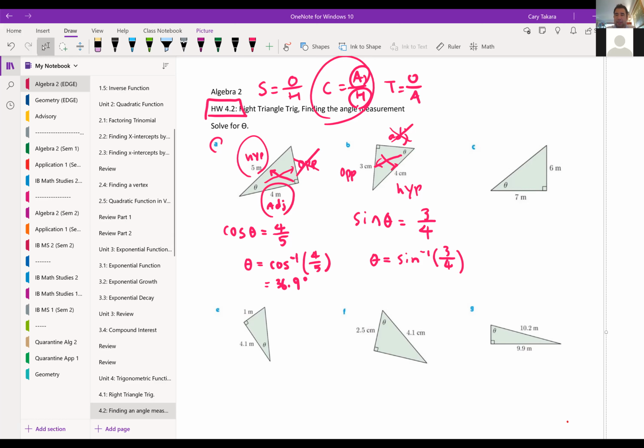Okay, let's keep going. Opposite. Hypotenuse, there's nothing on hypotenuse, and then adjacent. So it's an opposite adjacent combination.